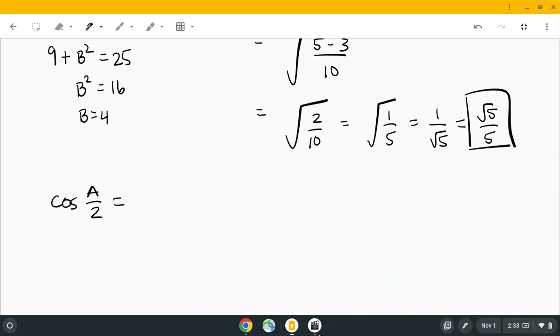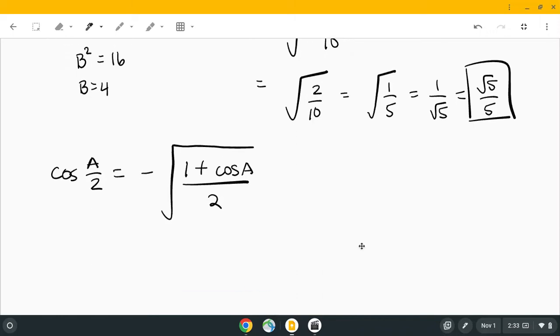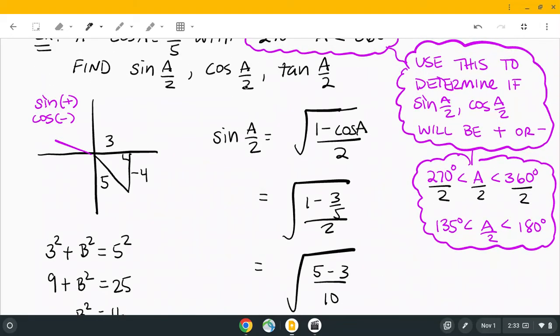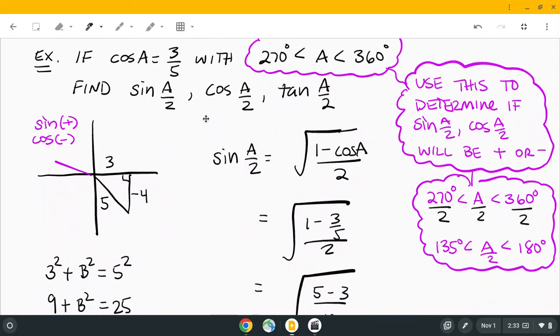So we are going to take the negative square root of 1 plus cosine A, all over 2. So that's 1 plus cosine A, which is 3 over 5.